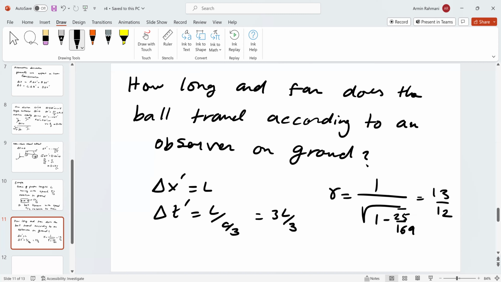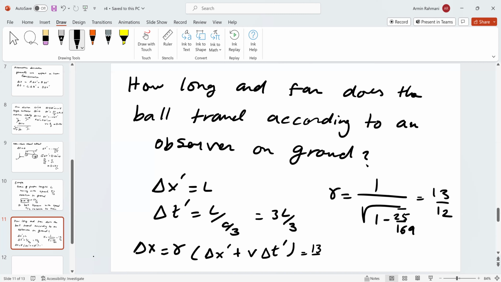And then the spatial separation between the same events in the frame of the ground is going to be delta x is gamma delta x prime plus v delta t prime, right? So we can just plug that in.